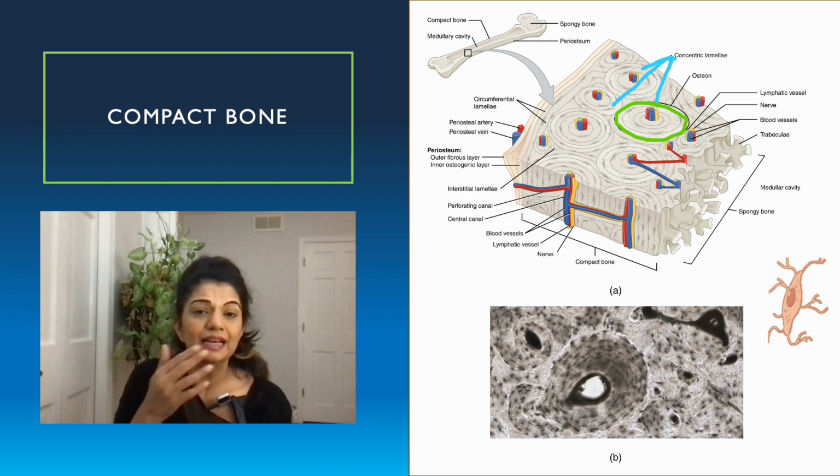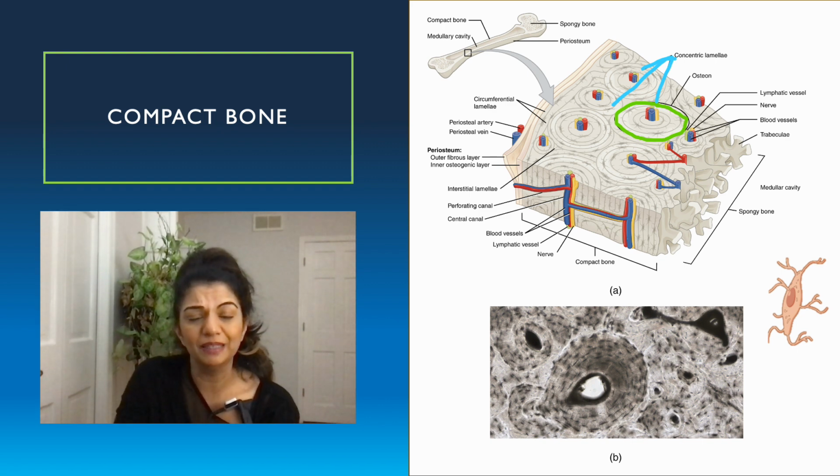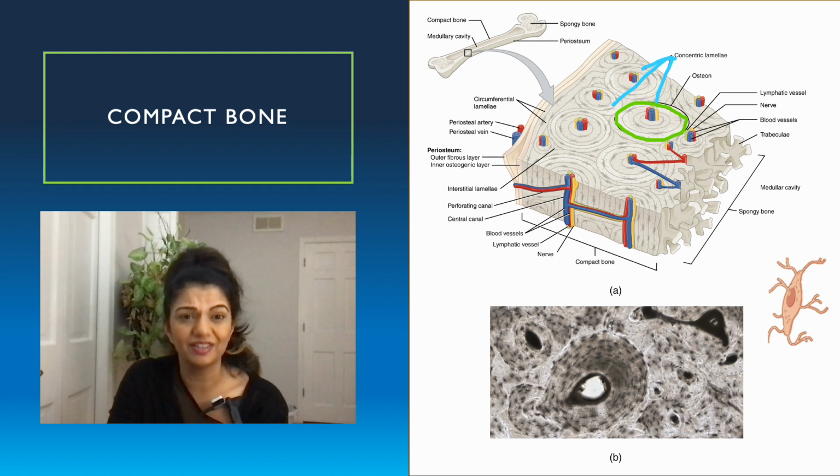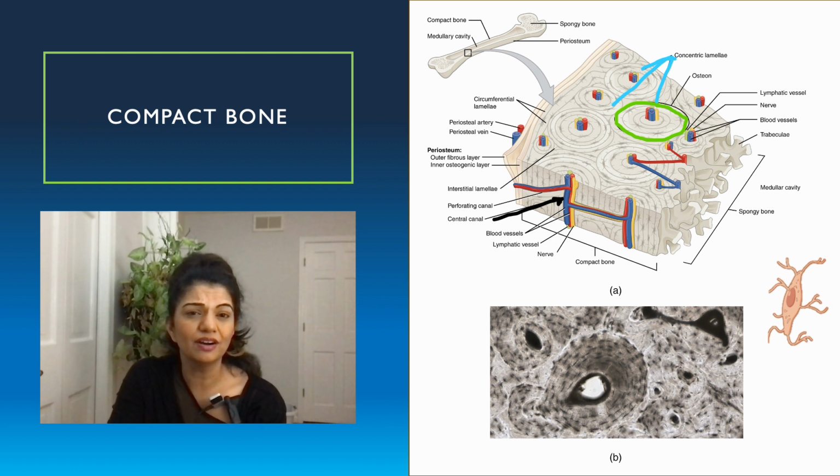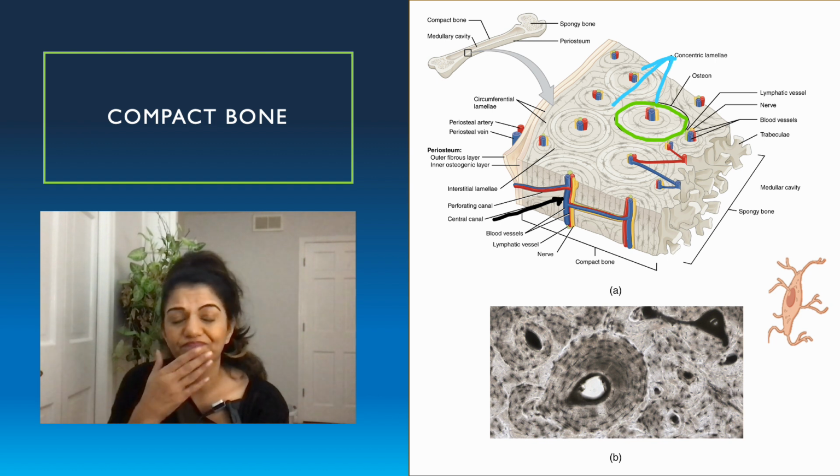Now, each osteon is composed of concentric rings of calcified matrix called lamellae, and running down each of these osteons is a central canal or Haversian canal, right, which contains blood vessels, nerves, and lymphatic vessels. Now, these vessels and nerves are very important because obviously they supply the bone.